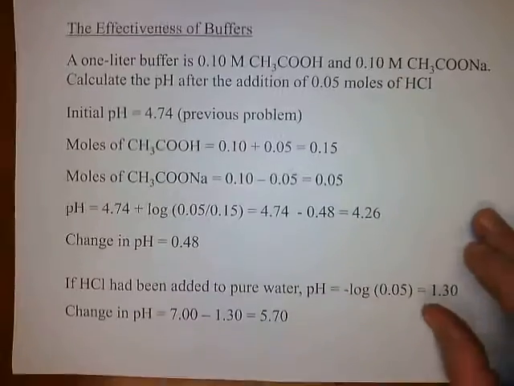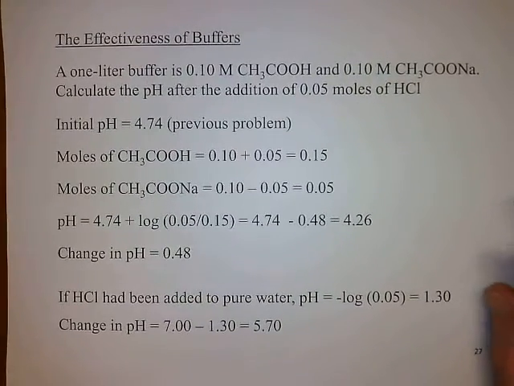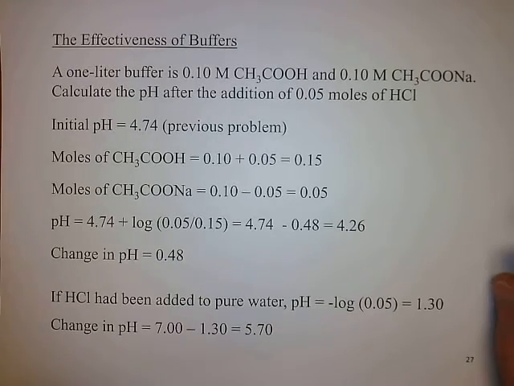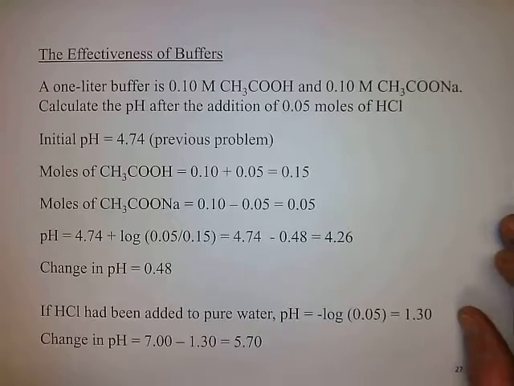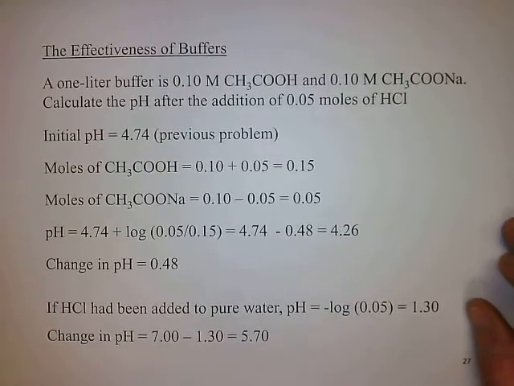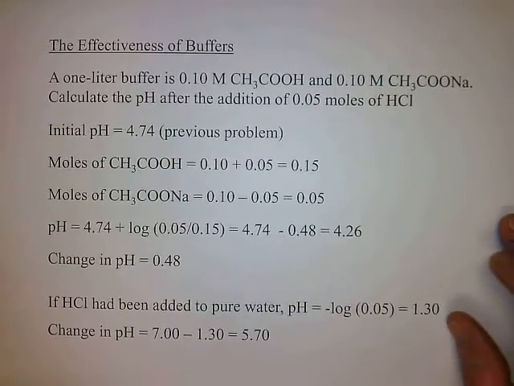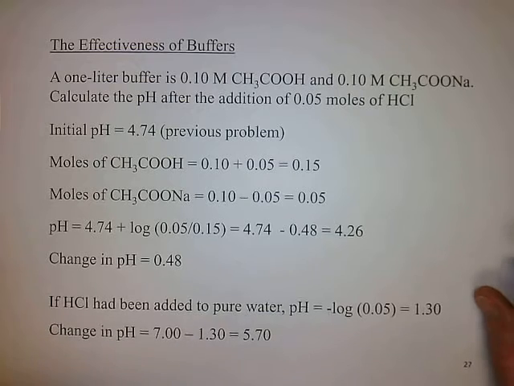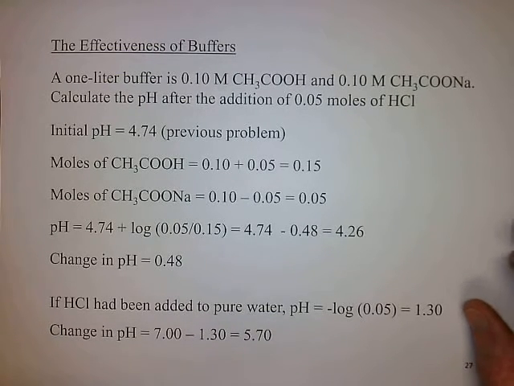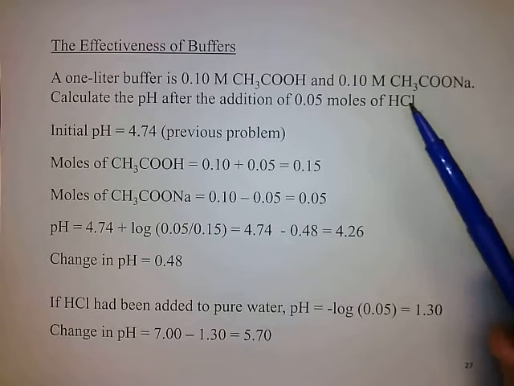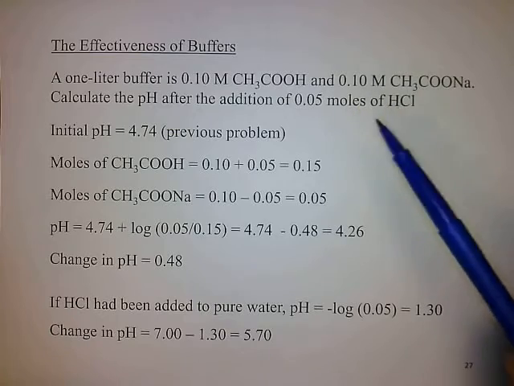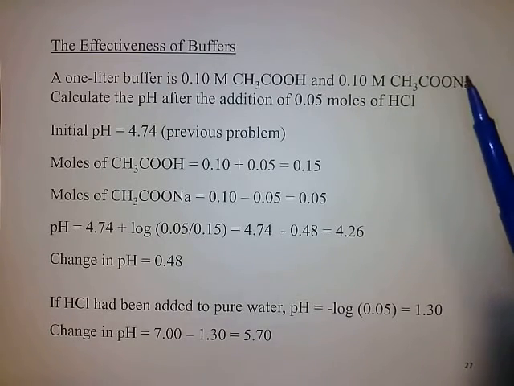Now, let's talk about the effectiveness of buffers. Okay, how effective is a buffer at resisting changes in pH? So let's suppose that a 1 liter buffer is 10th molar acetic acid and 10th molar sodium acetate.